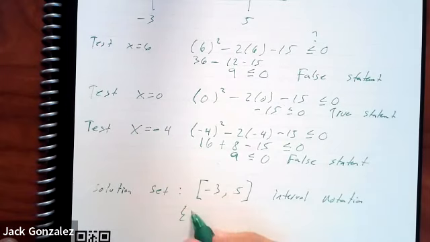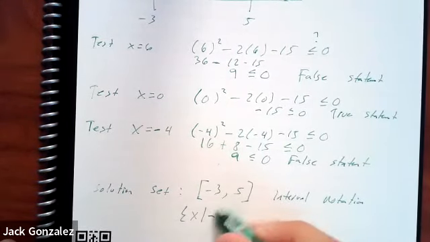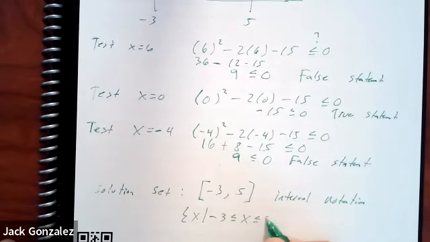Using the other notation, this would be x such that x is between -3 and 5.